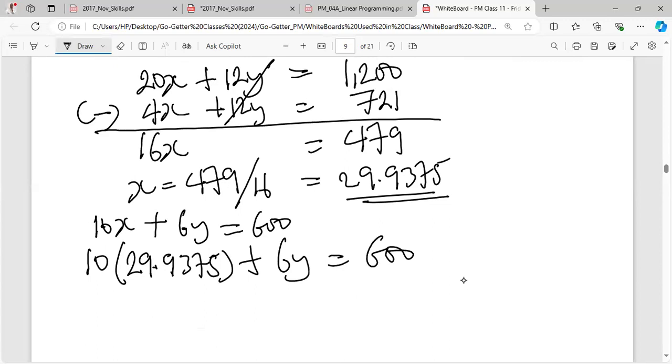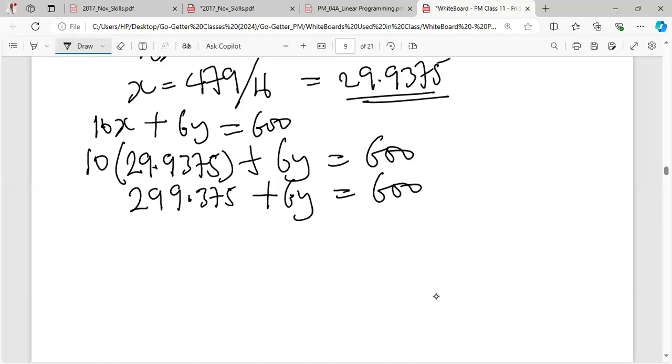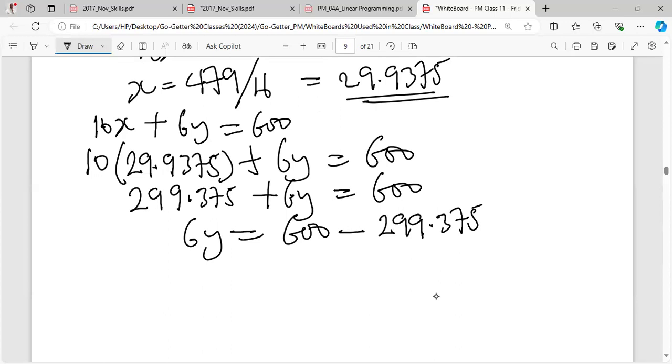So this gives me like 299.375 plus 6y, that gives me 600. Your 6y remains where it is. So this is 6y equal to 600 minus 299.375.